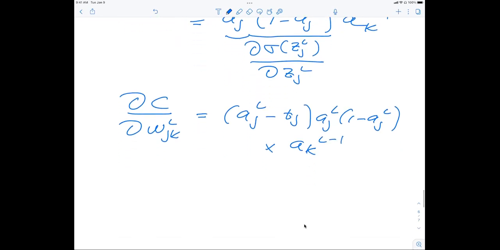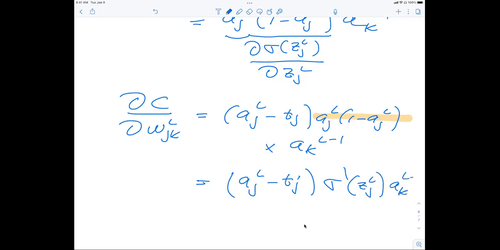And we can rewrite this in terms of aj of L minus tj, and then we have this term, which is nothing but the derivative of the activation function as a function of Cj of L, multiplied with this parameter ak of L minus 1.